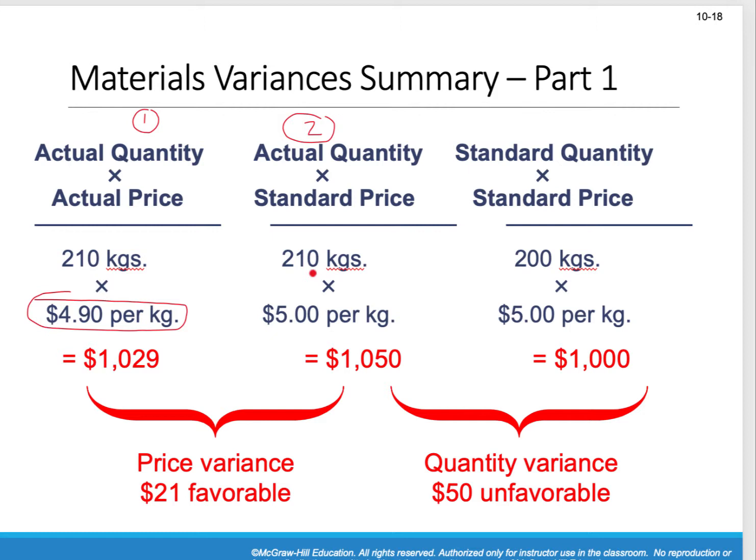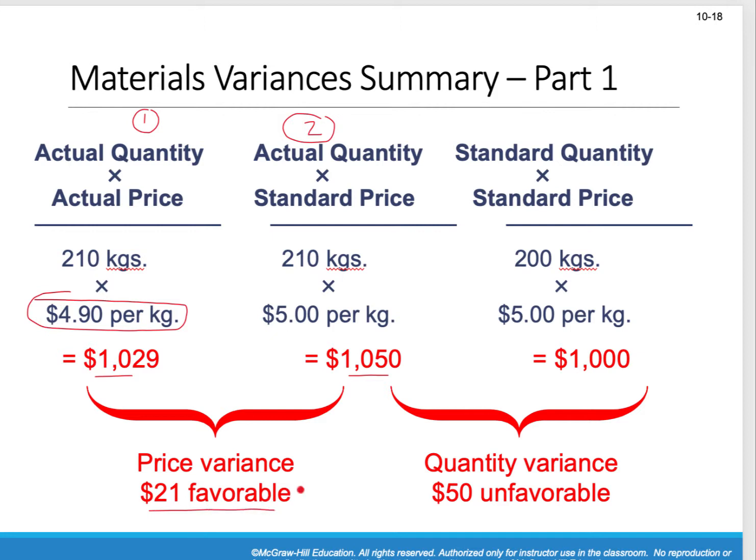So based on the actual quantity that we used, at the standard price, technically we should have paid $1,050. We could tell that the actual price we paid compared with the standard price was favorable because we paid less than we should have. So the price variance in this case is $21 favorable.